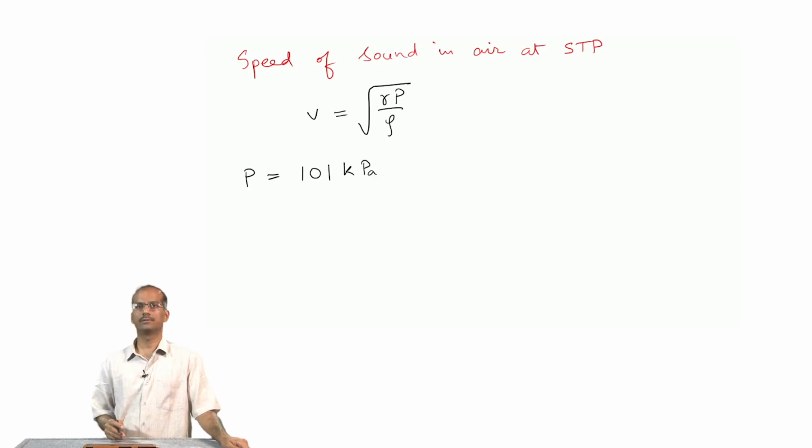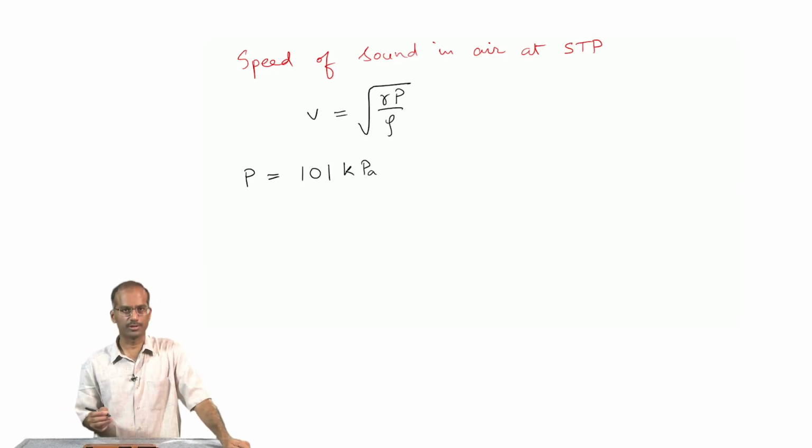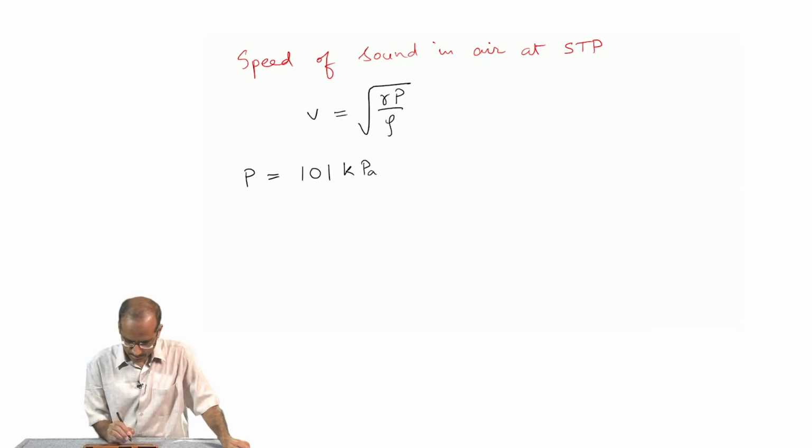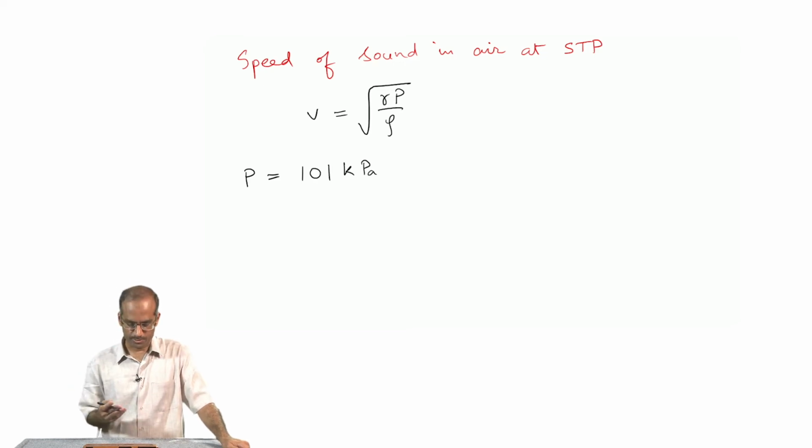kilopascals. So, that is the standard atmospheric pressure in units of pascals, and also at a temperature of about 20 to 21 degrees Celsius.